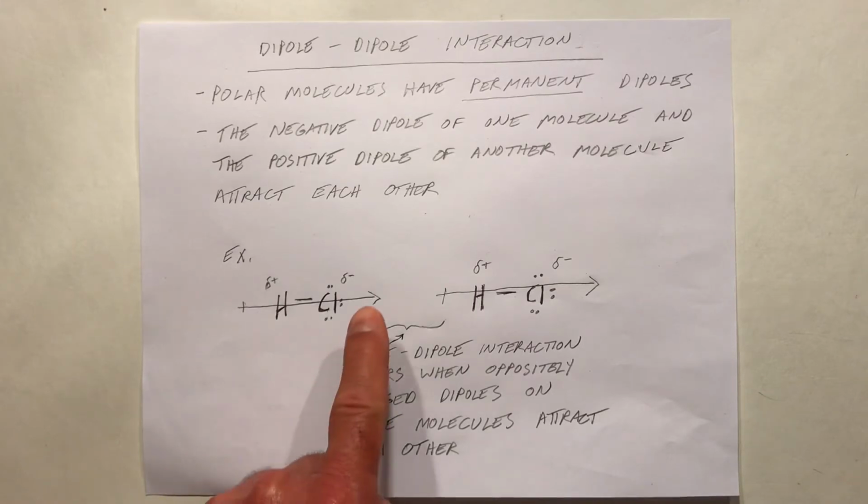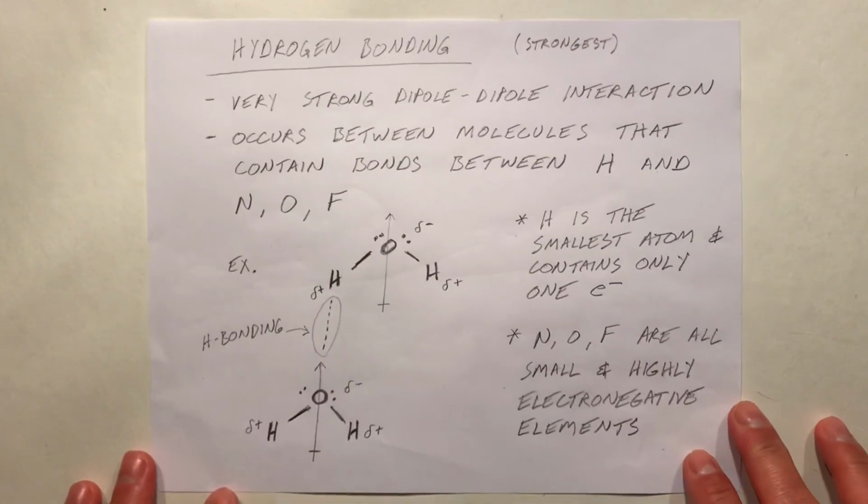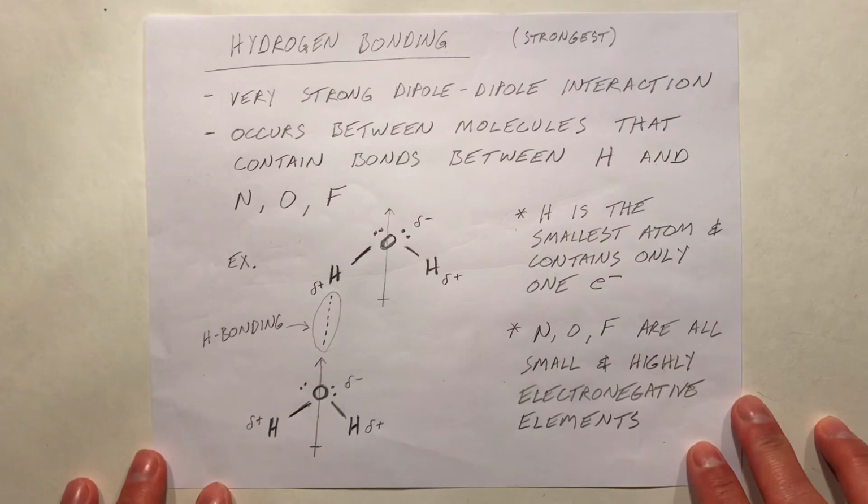Notice that the negative dipole of this molecule attracts the positive dipole of that molecule. Dipole-dipole interaction occurs when oppositely charged dipoles on these molecules, or any molecules with permanent dipoles, attract each other. Well, that's pretty straightforward. So let's consider hydrogen bonding next.